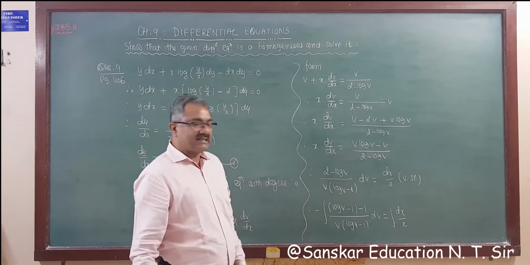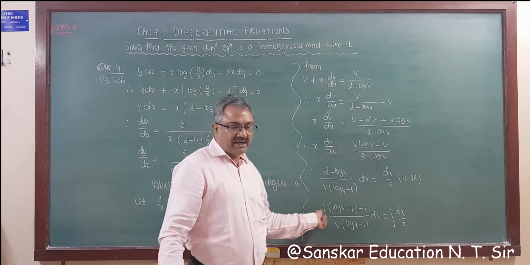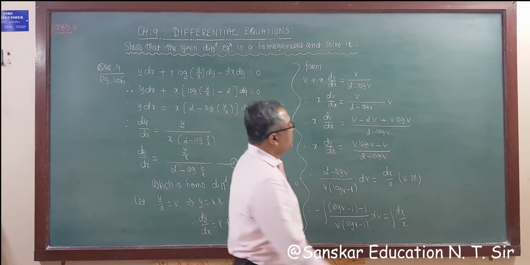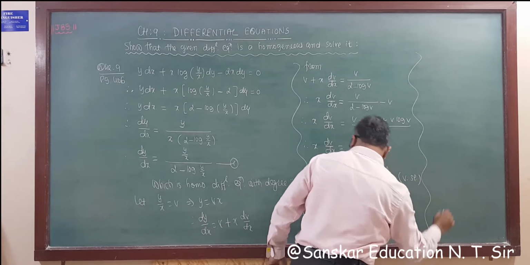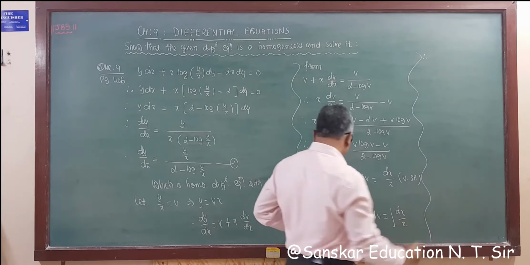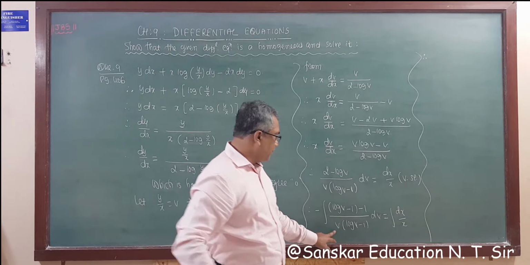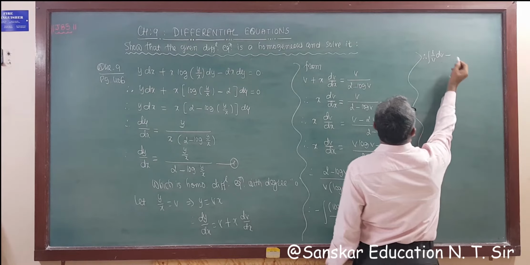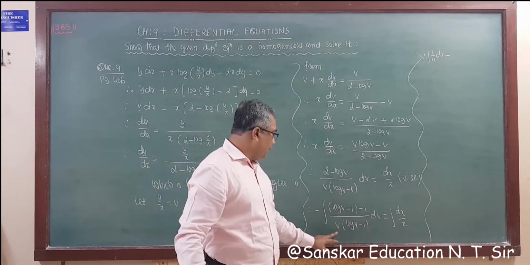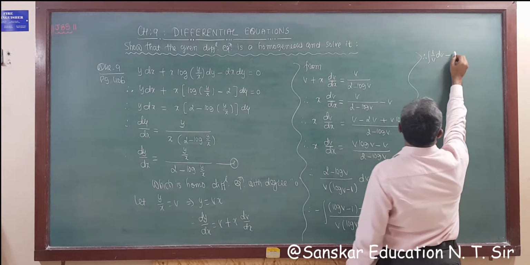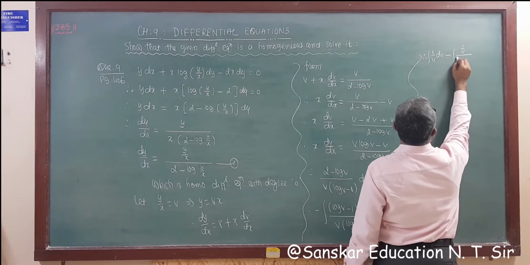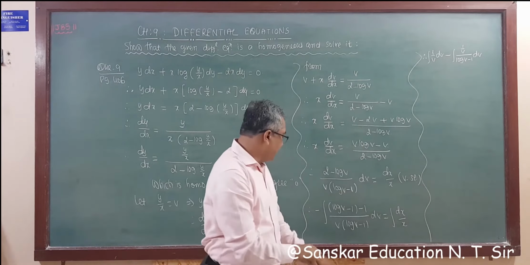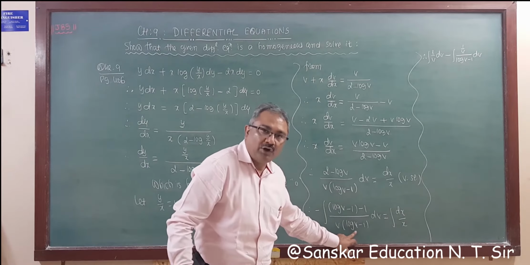Now bifurcating and taking minus to the opposite side, I am taking minus 2 here. So if you bifurcate, this will be cut, so we get integration of 1 upon v dv minus integration of 1 upon v into (log v minus 1) dv, where I am writing 1 upon v in the numerator and upon log v minus 1.